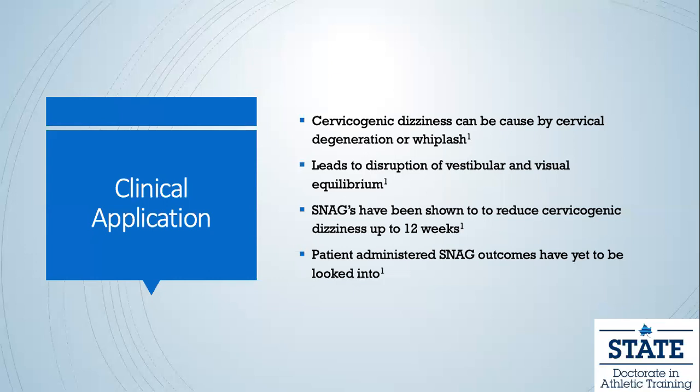It can lead to disruption of vestibular and visual equilibrium. SNAGs have been shown to reduce cervicogenic dizziness up to 12 weeks, but patient-administered SNAGs outcomes have yet to be looked into. So that's kind of what we know.